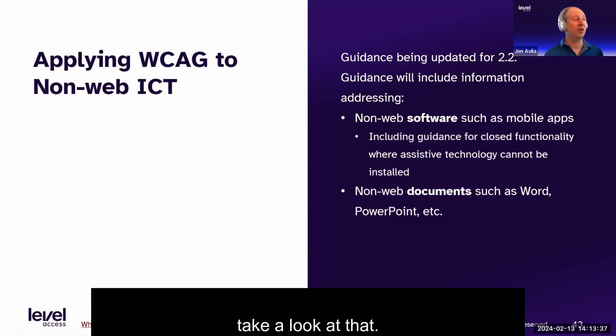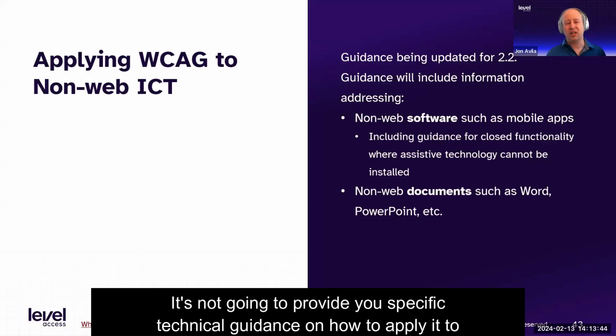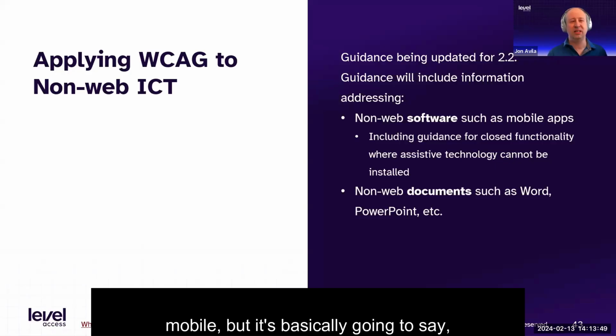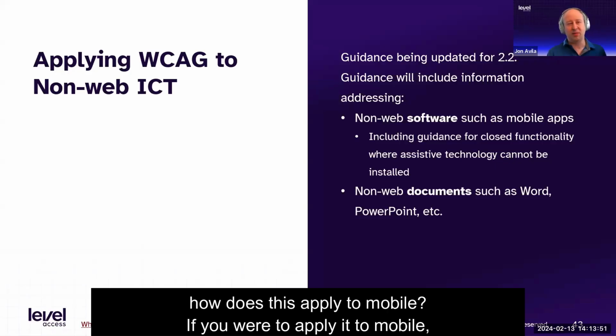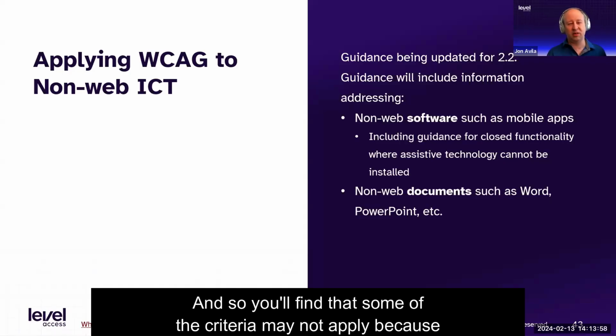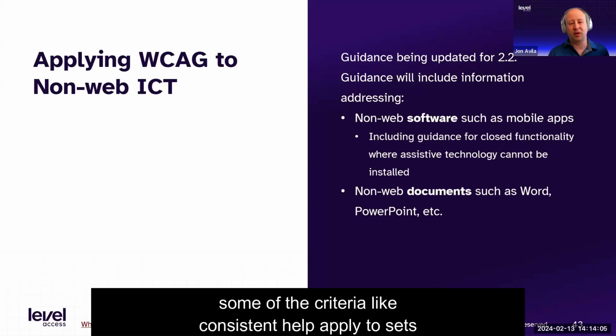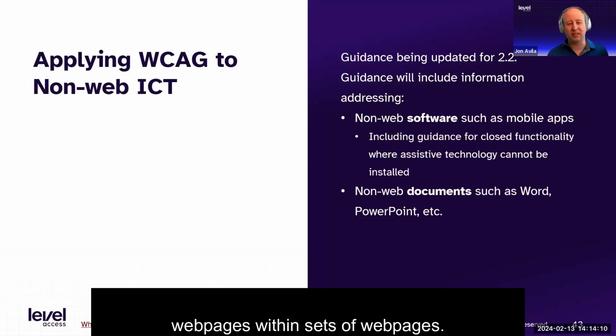If you'd like to take a look at that, it does provide information on non-web software like native applications. It's not going to provide you specific technical guidance on how to apply it to mobile. What it's basically going to say is, if you were to apply it to mobile, how would it apply? And you'll find that some of the criteria may not apply. For example, some of the criteria, like consistent help, apply to sets of web pages.